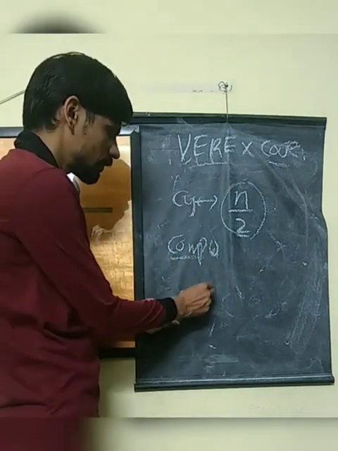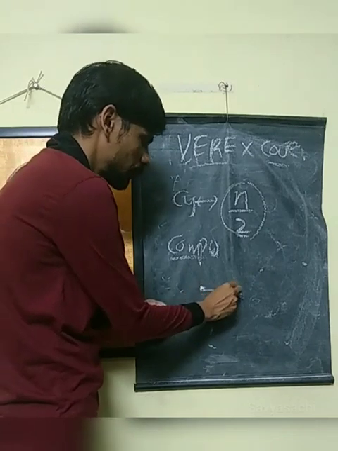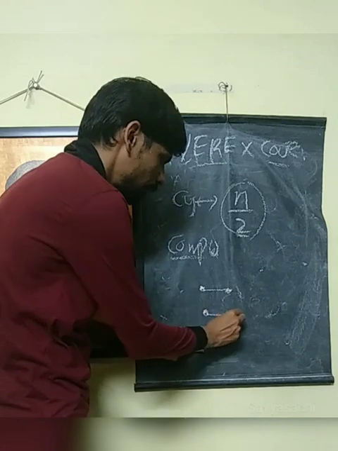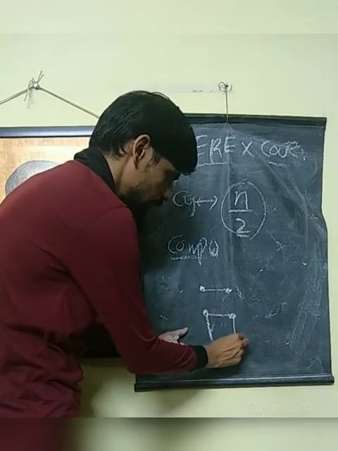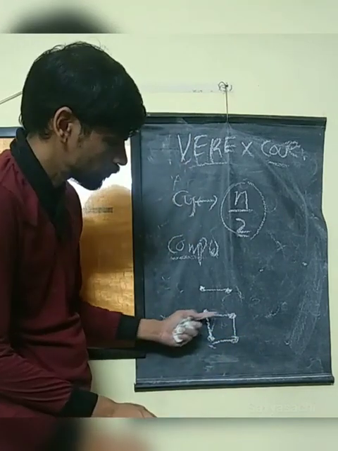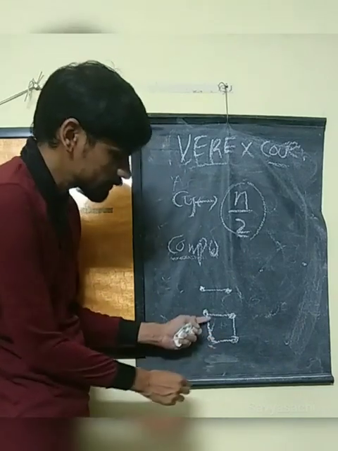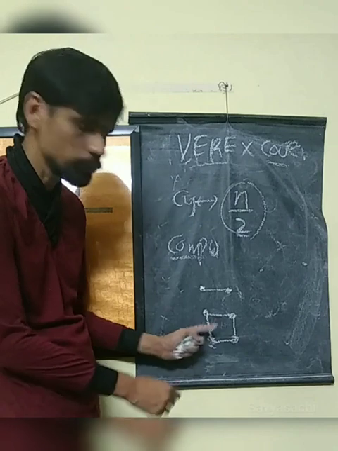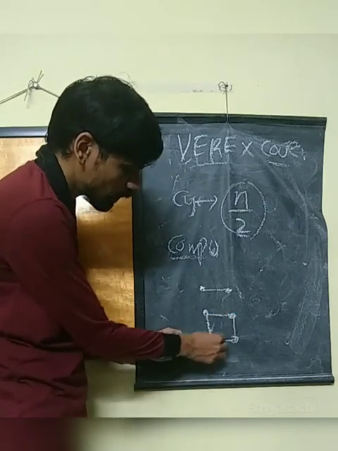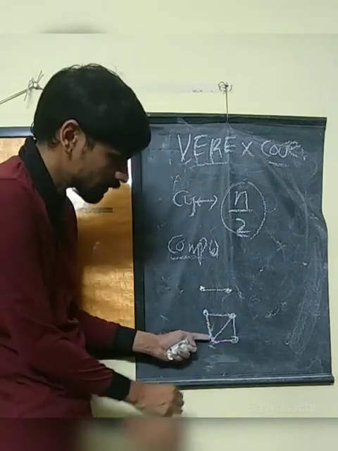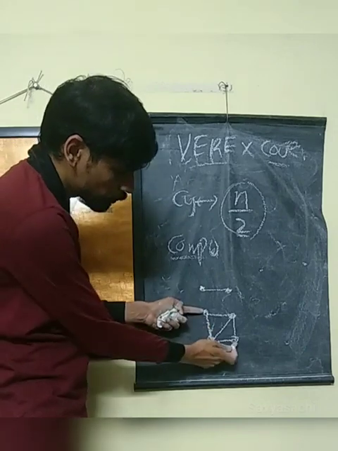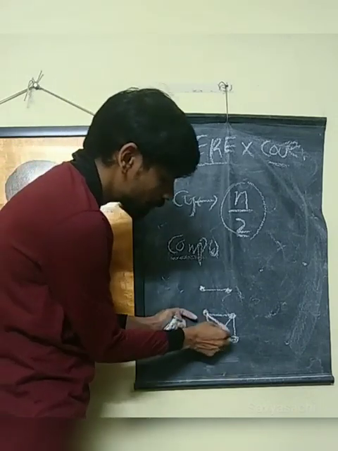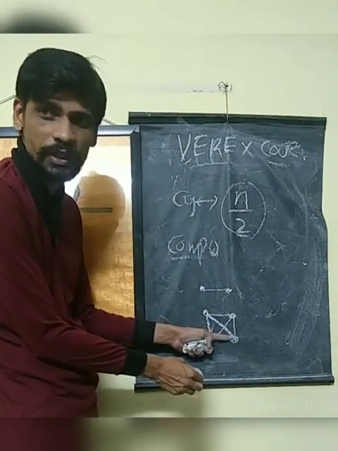Complete graph means what? For example, if I have 2 vertexes, then this is a complete graph. If I have 4 vertexes, this is not a complete graph because everything should be connected to each other. These 2 vertexes are not connected, so we will establish another connection.